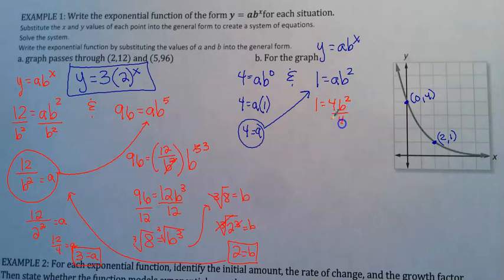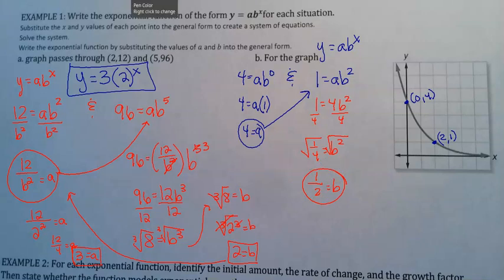We're going to divide by 4 on both sides. So 1/4 equals b squared. We're going to take the square root of that. The square root of 1 is 1. The square root of 4 is 2. And so b equals 1/2.